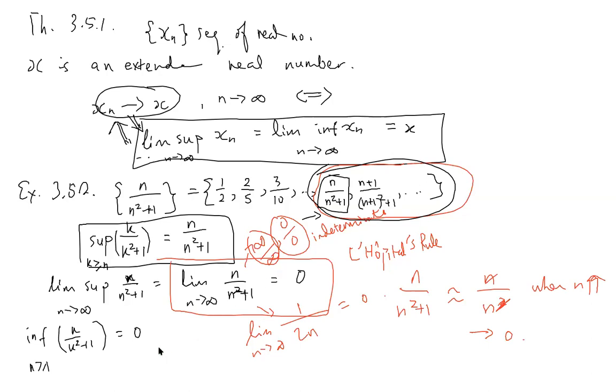The infimum is a lower bound, the largest lower bound, which will be 0. So it's a constant. Therefore, you have lim inf of n squared plus 1 is the same as lim inf of 0, so you have 0. So your lim sup and your lim inf are both equal to 0, and this implies that this sequence converges to 0, yeah?